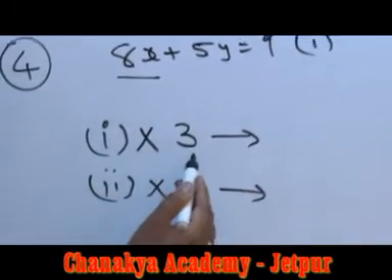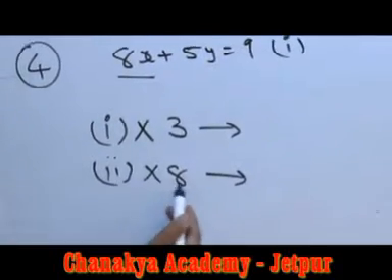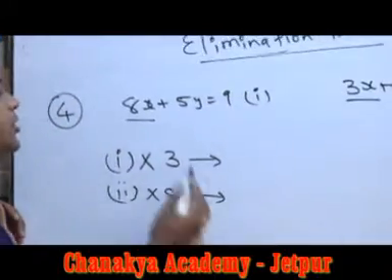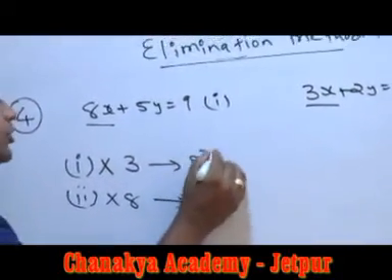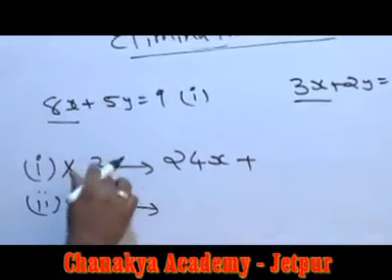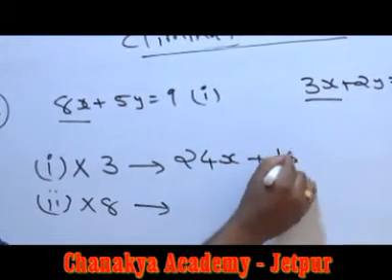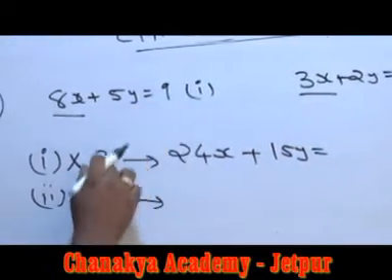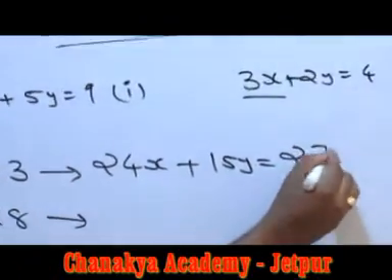Multiplying equation 1 with 3 and equation 2 with 8 respectively: 8x into 3 gives 24x, 5y into 3 gives 15y, 9 into 3 gives 27.